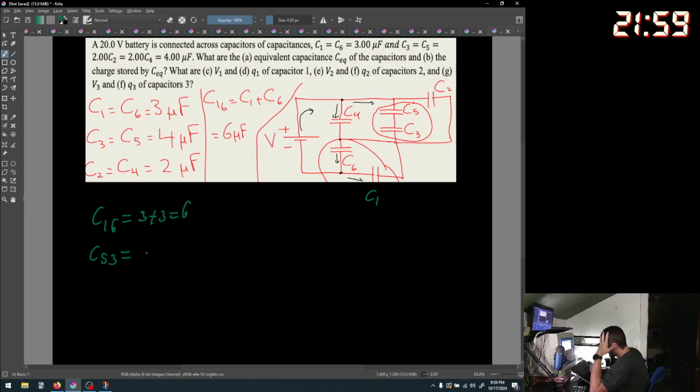C5,3 is going to be 1 over 4 plus 1 over 4, which is 2.